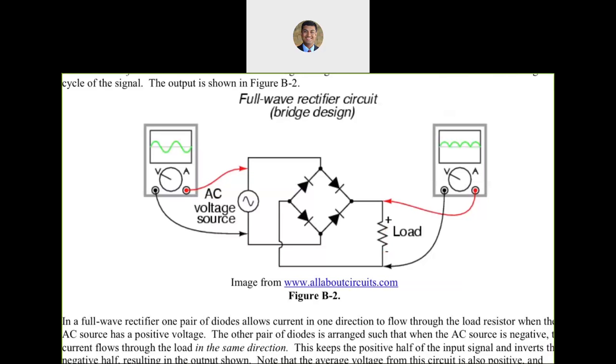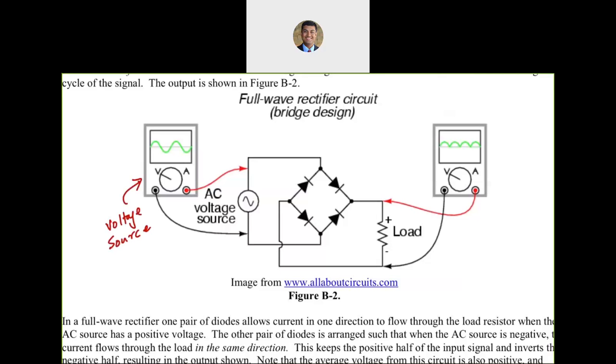To do this, I would like to explain by first going over the positive voltages. So what is going to happen when this particular voltage source over here, and this is an AC voltage source. It can produce voltages that change with time, and of course they can be positive or negative. So what would happen when they are positive?